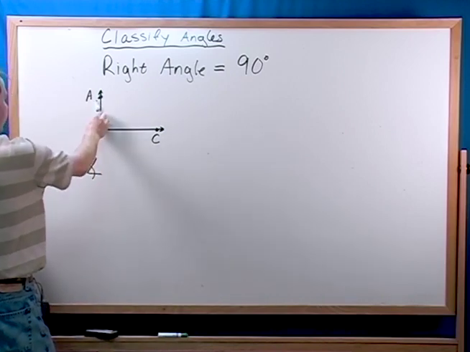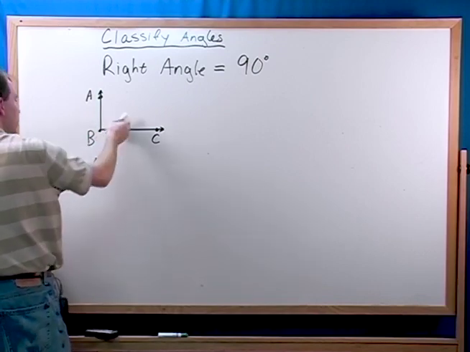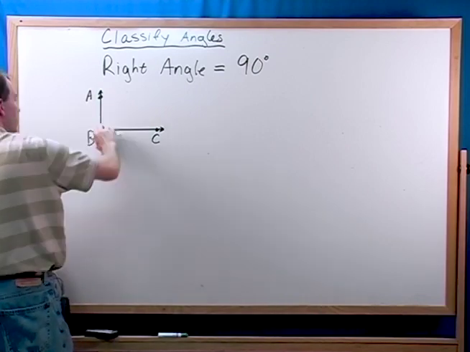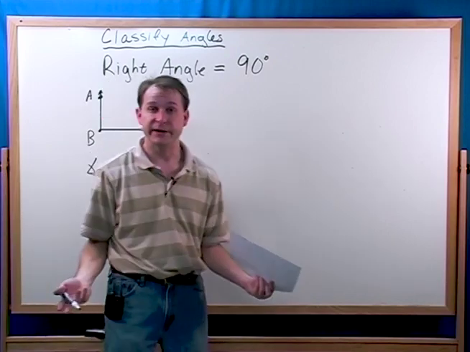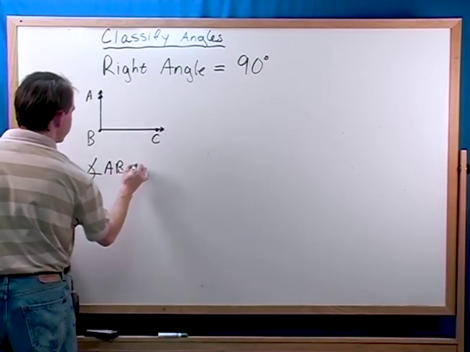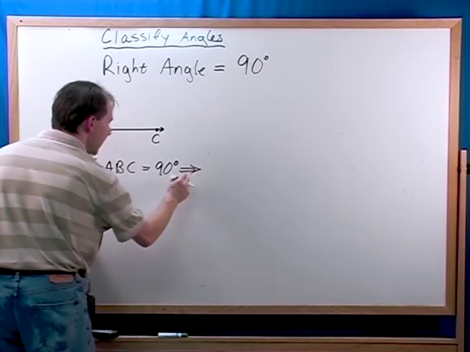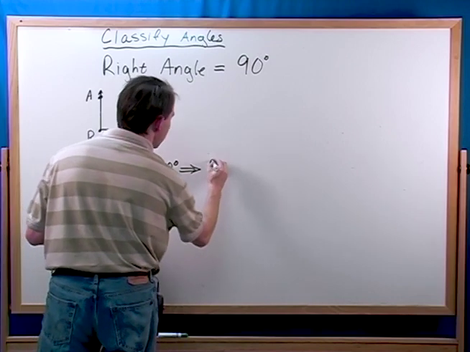Because this is a quarter, this is a half circle, this is the other part of the circle, and here's the whole circle. So once I've gone here, I've gone to 90 degrees, okay? So angle ABC is equal to 90 degrees, which implies, that's what this symbol means, right angle.